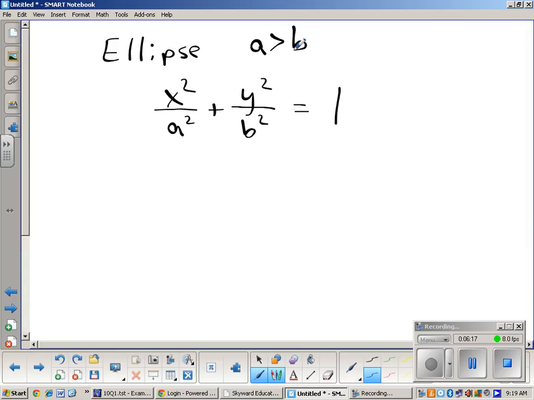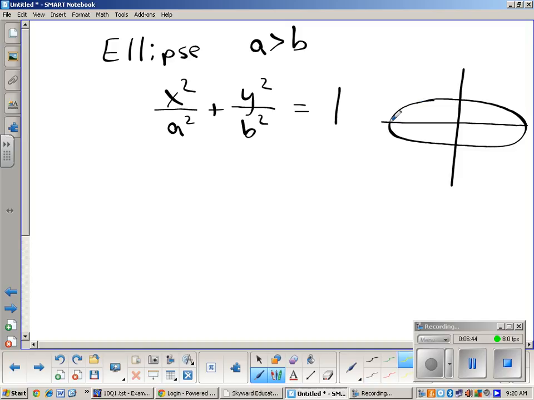And so, in this model then, because the bigger number's underneath the x squared term, the major axis of my ellipse is going to be on the x-axis. So it looks something like this. Okay? Remember, this is the major axis. This was the minor axis.